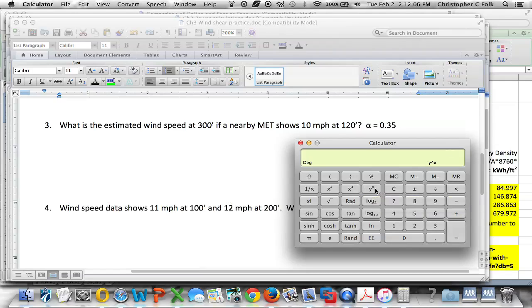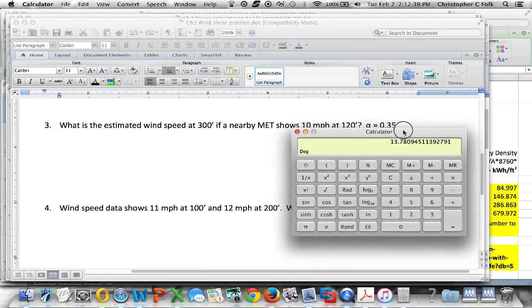So I have to raise to the 0.35, hit equals, and that needs to be multiplied times our 10 miles an hour. And sure enough, we show that the estimated wind speed at 300 feet is going to be significantly higher than what the wind speed was at 120 feet.